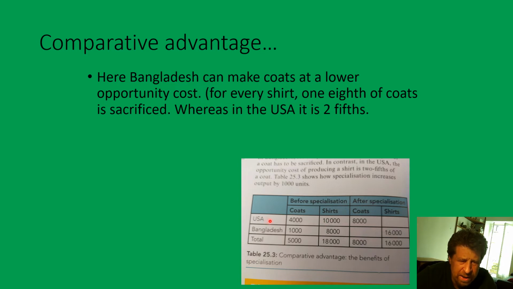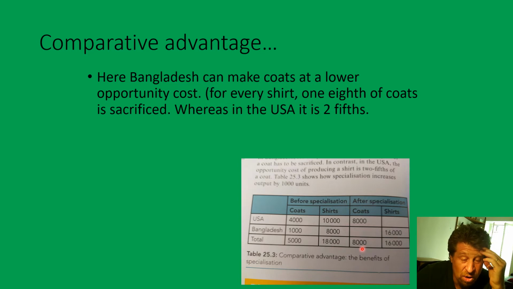So we decided that USA can produce 8,000 coats, puts all its resources in coats, takes them out of shirts, and Bangladesh puts all its resources in shirts, so it can produce 16,000 because it's taken half its resources out of coats. And we've got the totals here. Now, if we add 5,000 to 18,000, that's 23,000.